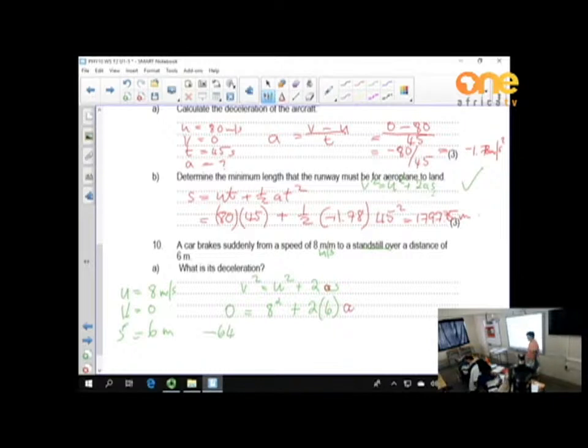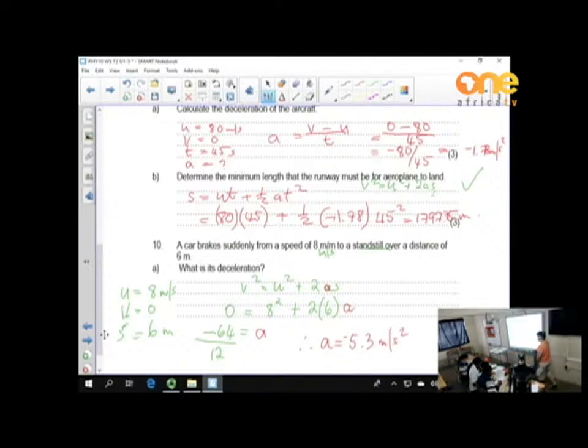Are you with me? Yes. We're looking for A. So, minus 64. And here 2 times 6 is 12. So, if I divide by 12, I should get A. So, A is equal to 64 divided by 12, 5.3, and it's minus 5.3 meters per second squared.